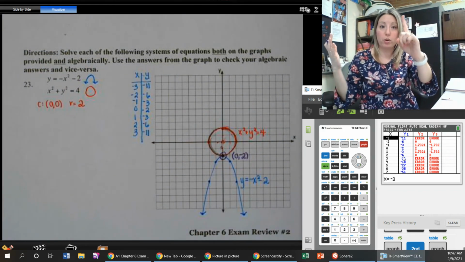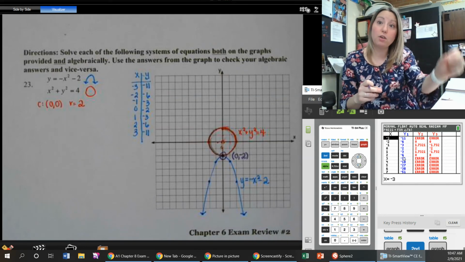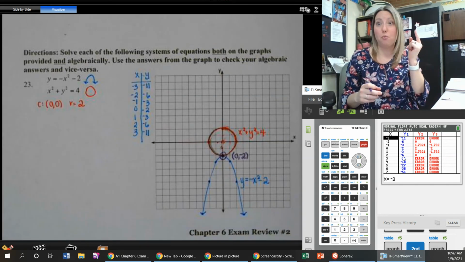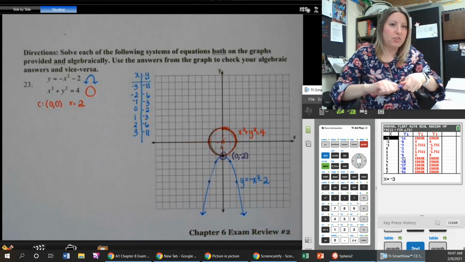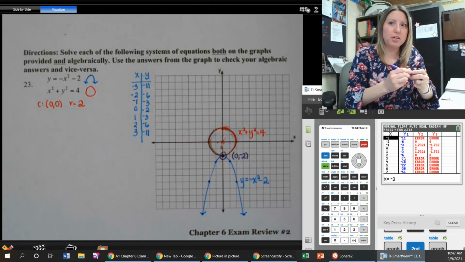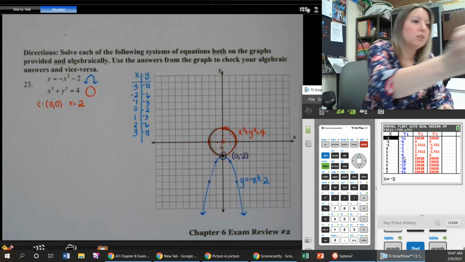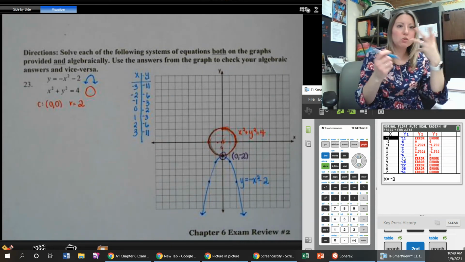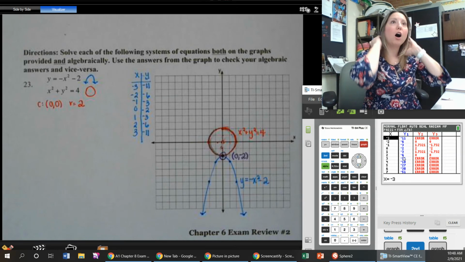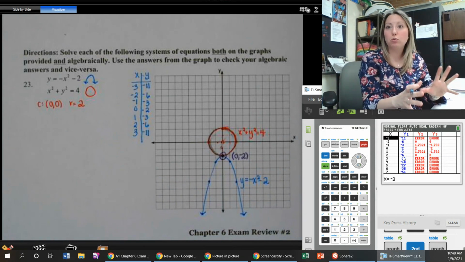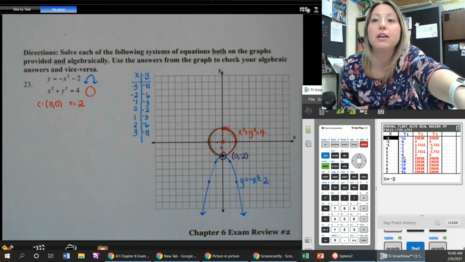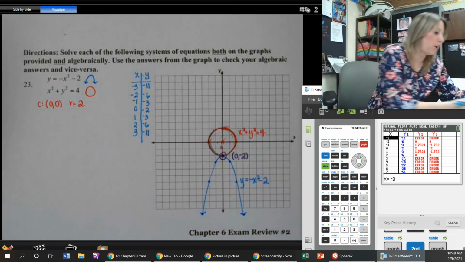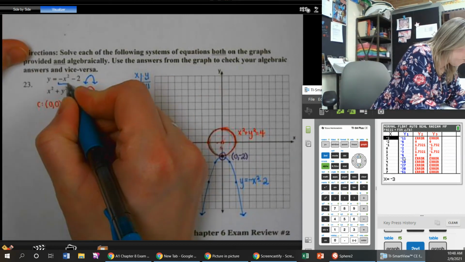One intersection point, which means when I solve these algebraically, I'm only going to get one real answer. That's actually kind of neat because it helps me understand the algebra. When I go to get the y's equal to each other or sub that in for y, that's actually the best move, right? Take this and sub it in for y right here.